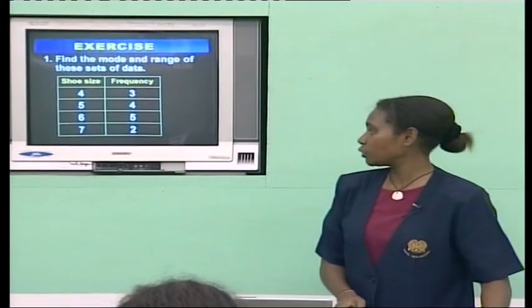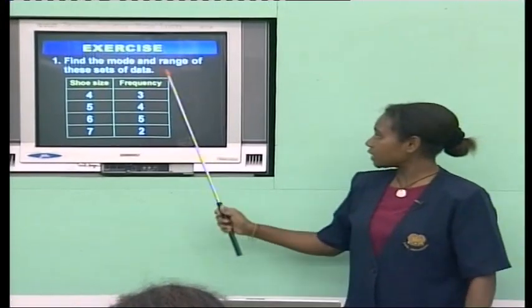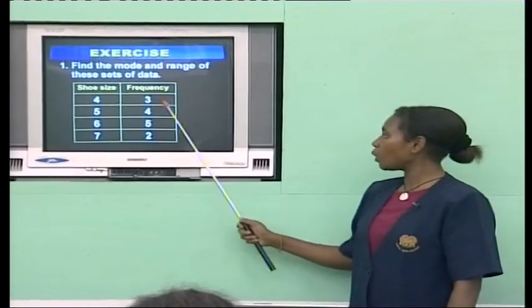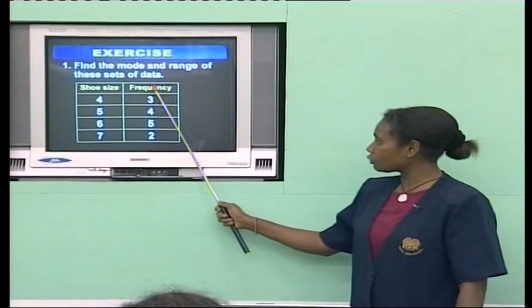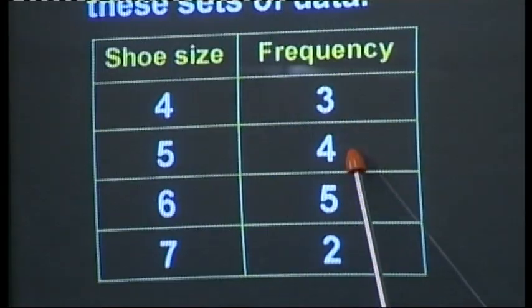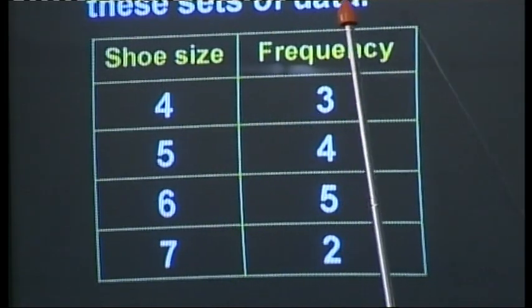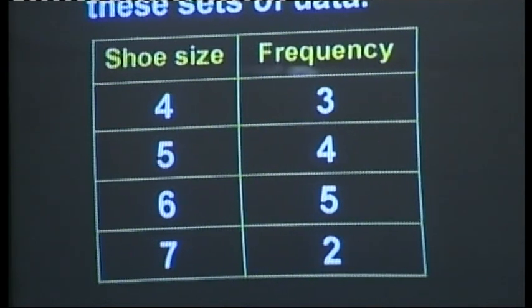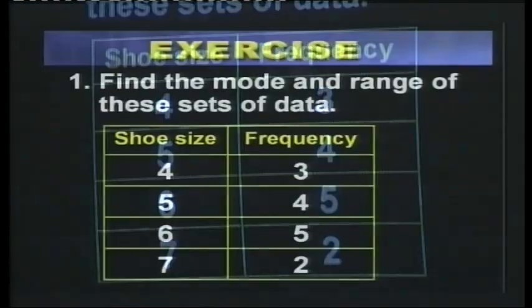It's just an example. So you have to look at the table and try to work out what would be the mode. The mode will be taken out from this table here. What is the shoe size that a lot of students are wearing?